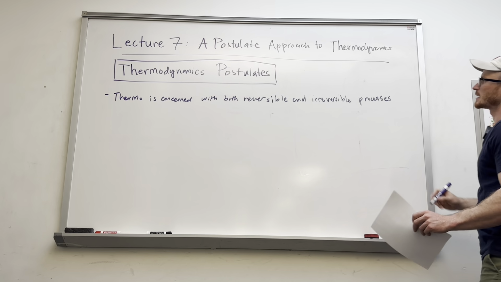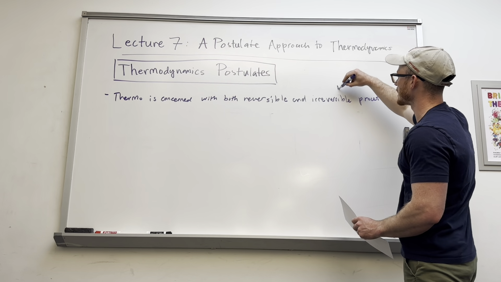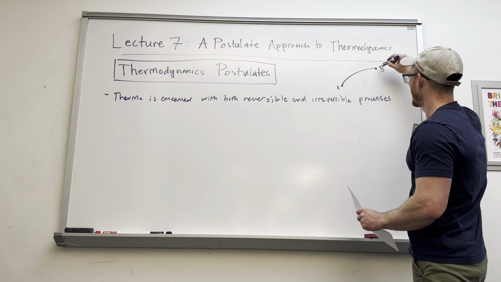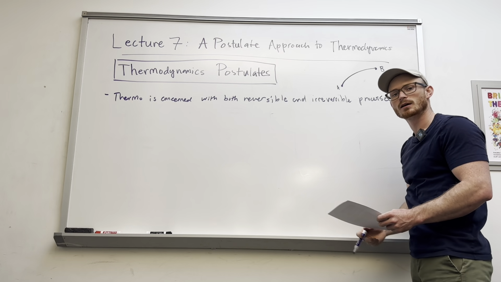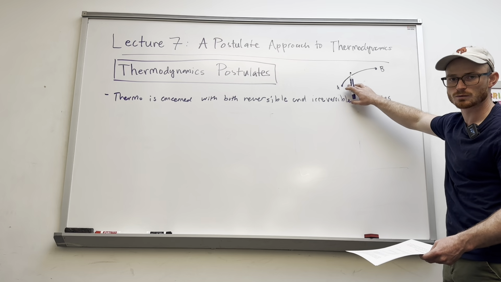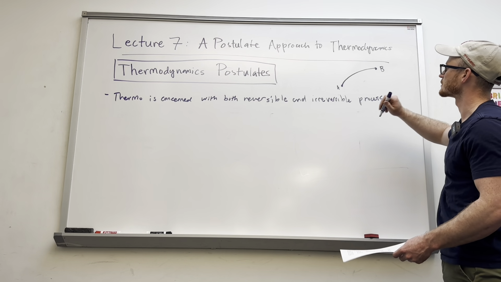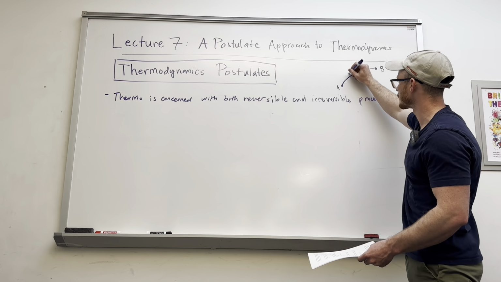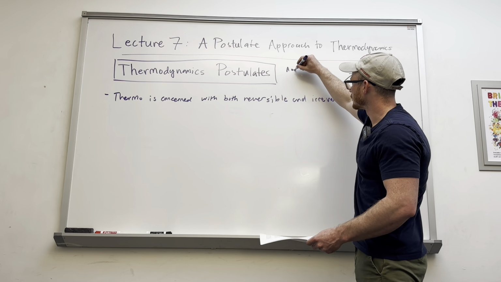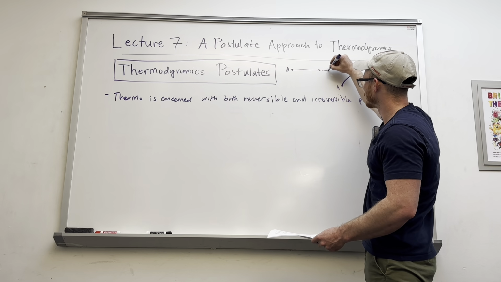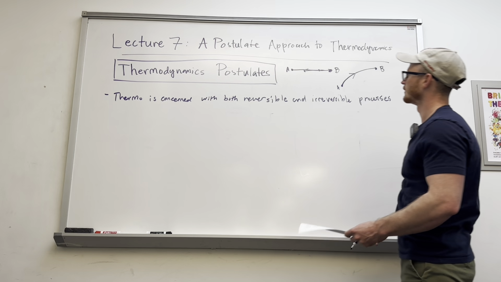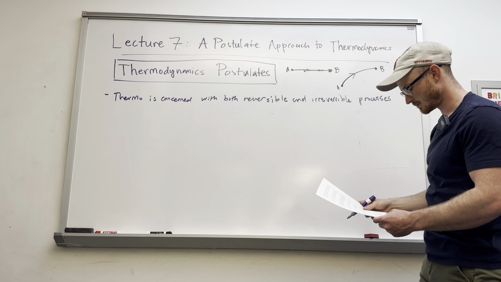An irreversible process is one in which you have some state A, you go to a state B, and you can't go backwards. There are restrictions that prevent you from going back from B to A, and we're going to discuss those. This would be an irreversible process if you can only go in this direction. In a reversible process, on the other hand, you could go from A to B and then go back, and you have no penalty.